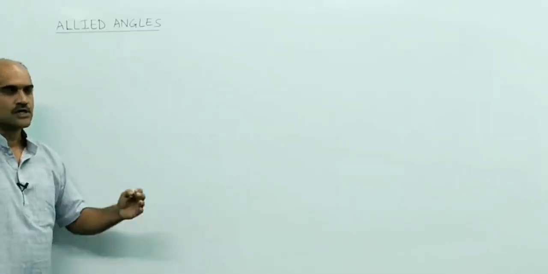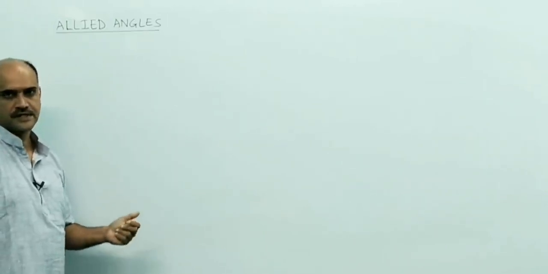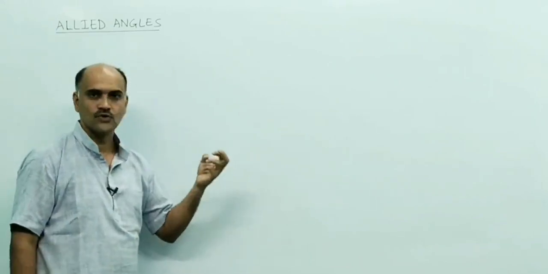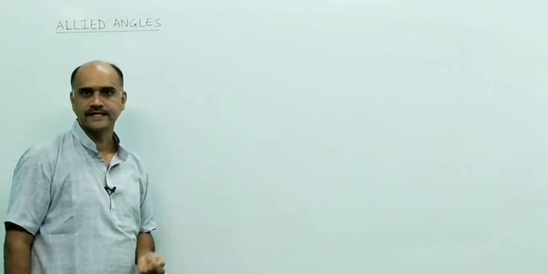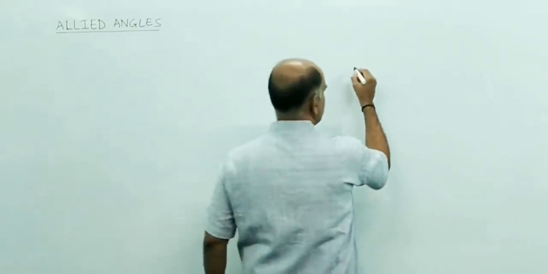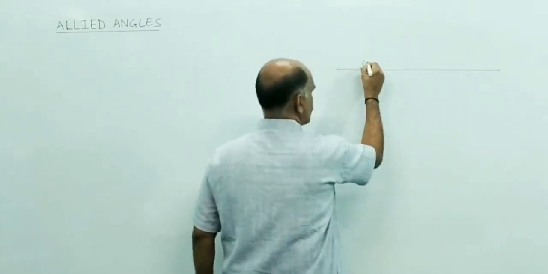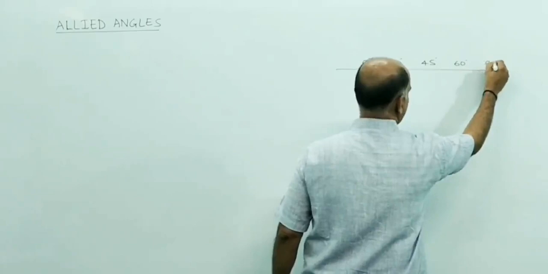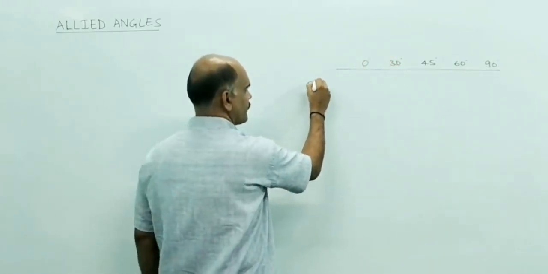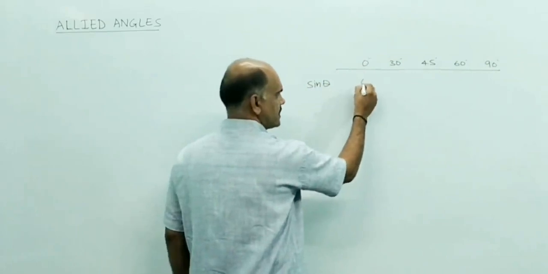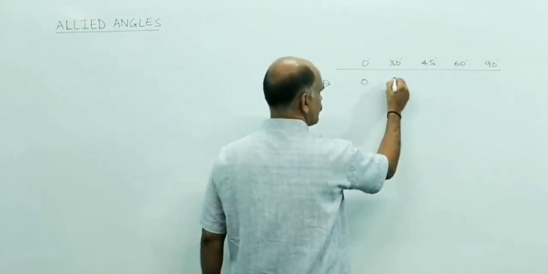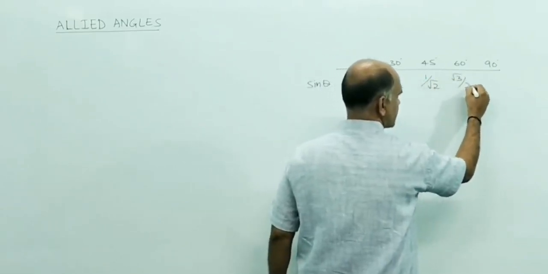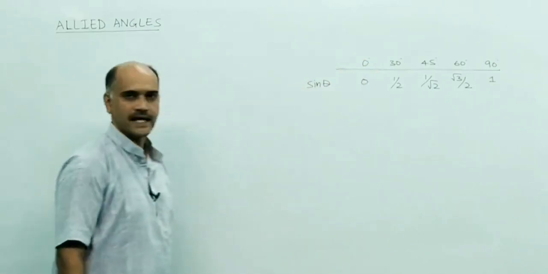Okay, students. So in your 10th standard, you have studied trigonometric values of some standard angles, that is 0, 30, 45, 60, 90. So you had a table of 0 degree, 30 degree, 45 degree, 60 degree, 90 degree. So sin theta: sin 0 is 0, sin 30 is 1 by 2, sin 45 is 1 by root 2, sin 60 is root 3 by 2, sin 90 is 1.